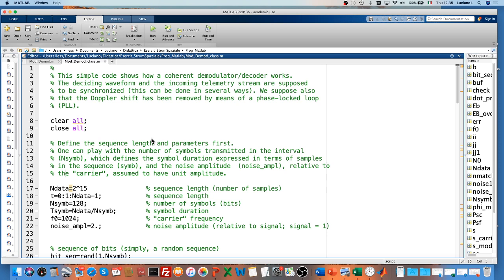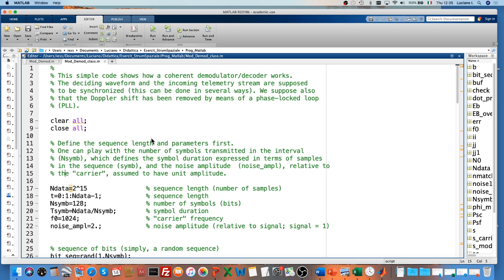The code on the website uses a complex exponential as the deciding waveform, made up of a sine omega t and a cosine omega t. It's slightly more complex, visually more catchy, and also more precise.